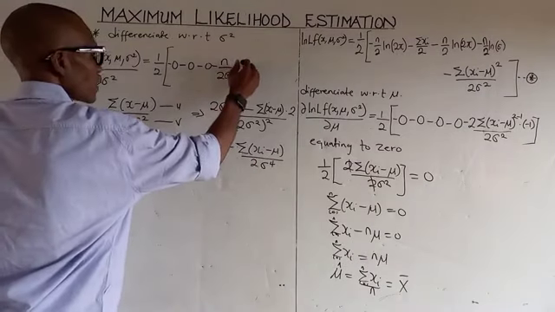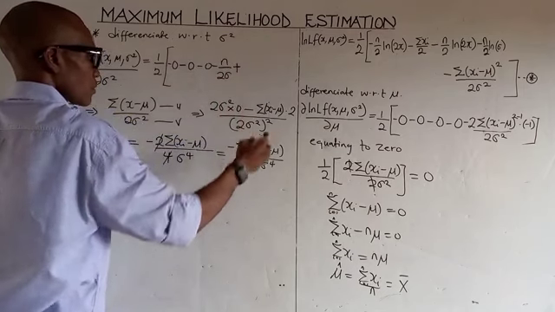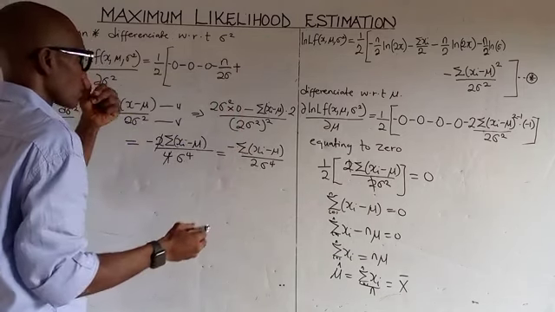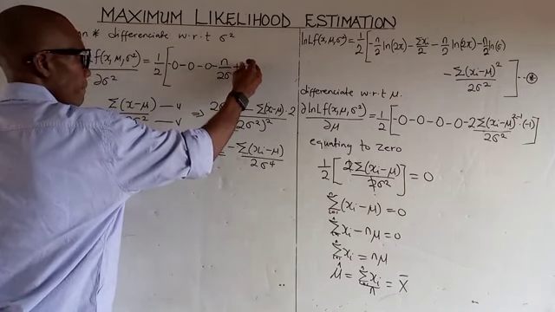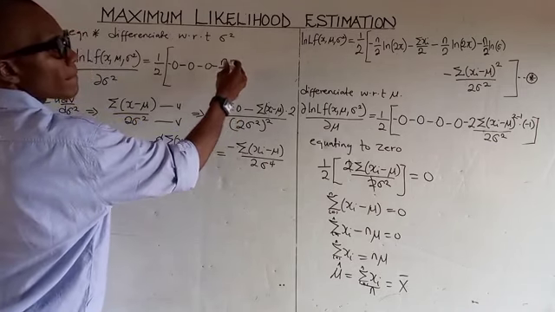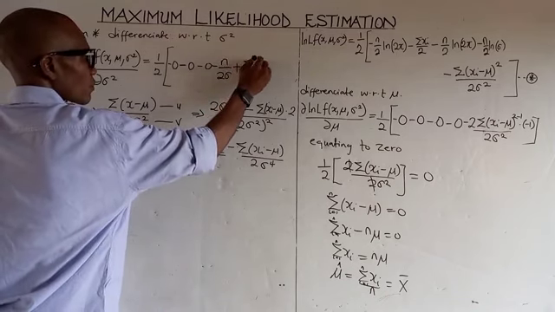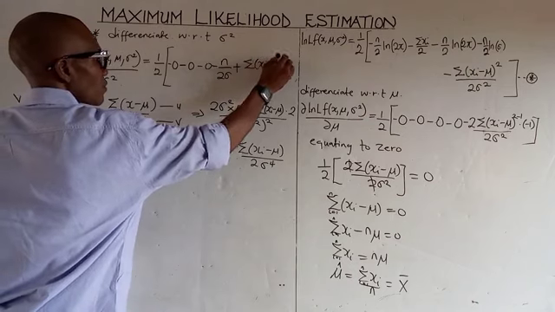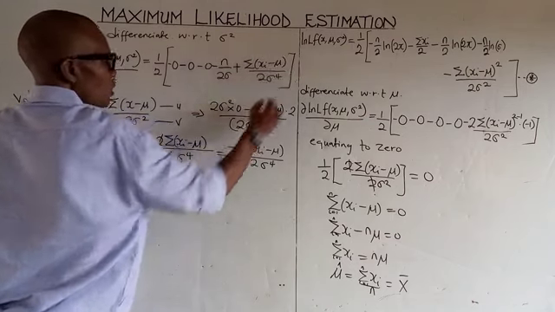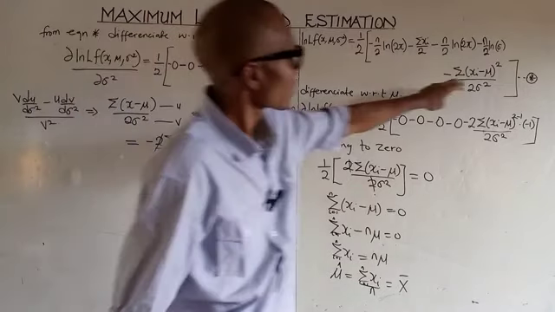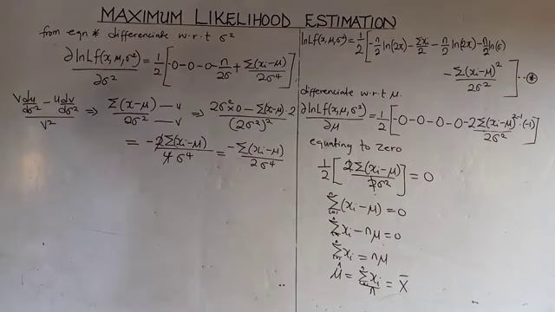So this is what we write here. Because of this negative sign, it changes to plus. So we have summation of xi minus mu all over 2 sigma 4. If we differentiate this function, this is what we get, and that is what we put here.